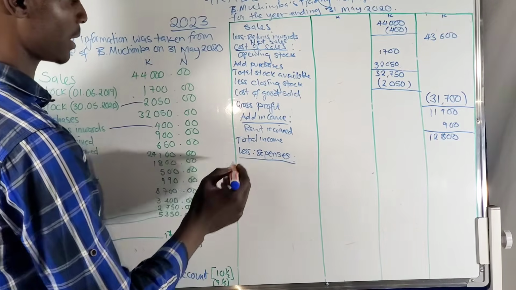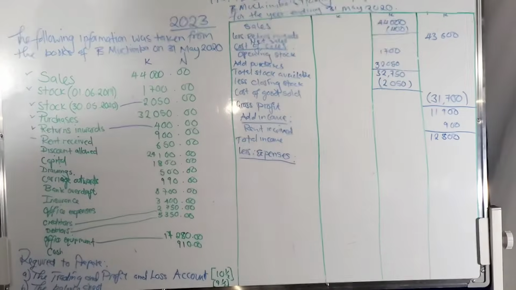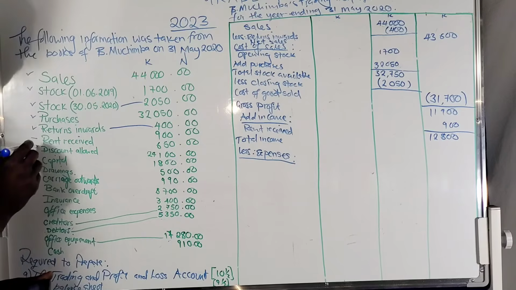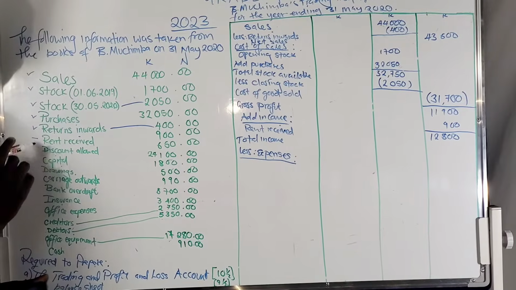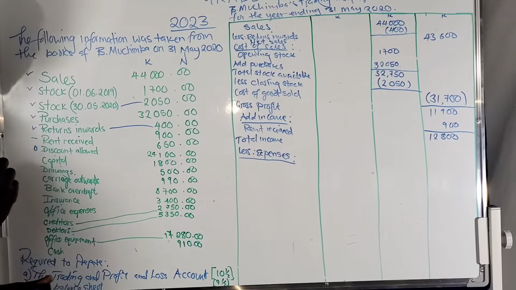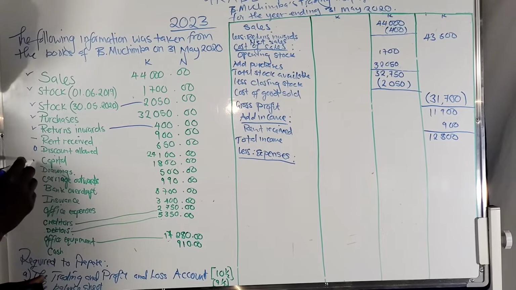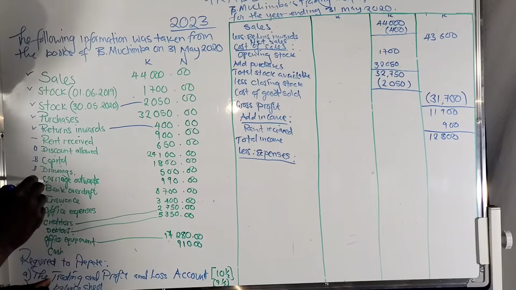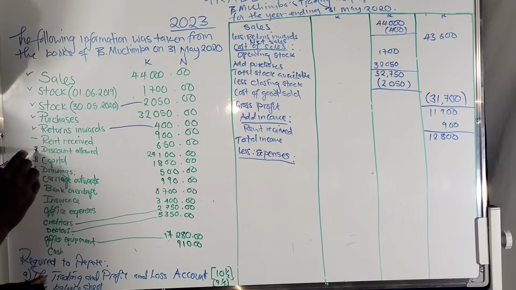Less expenses. Now, let's check the expenses we have. Discount allowed is our expense. It's our expense. This one goes to the balance sheet, B, balance sheet. This is also balance sheet. Carriage outward is under expense, so let me just write E here.